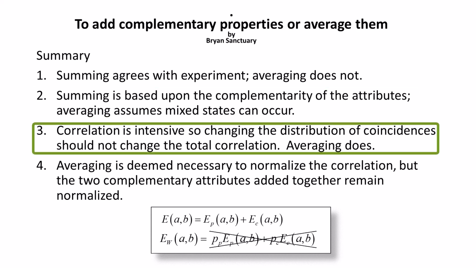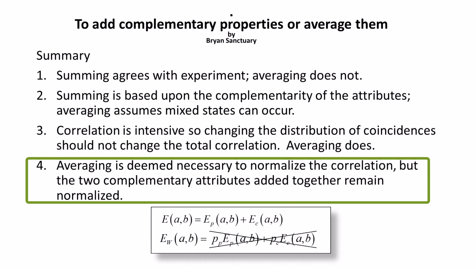Correlation is intensive, so changing the distribution of coincidences should not change the total correlation. As intensive quantities, different distributions of coincidences between the two complementary attributes cannot change their value. However, averaging with different probabilities does change the value of the total correlation, and this is wrong.